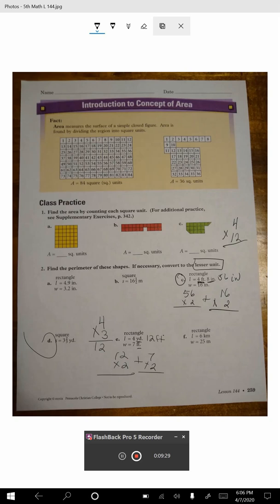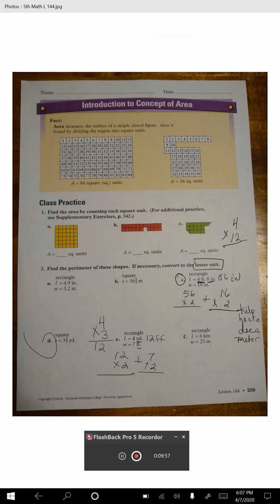Finally, the rectangle is in kilometers and meters. Kilometers is obviously bigger than meters. So remember, meters is the middle measurement. 10 meters is a decameter. 100 meters is a hectometer. And 1,000 meters is a kilometer. 1 kilometer down to meter, that's larger to smaller.